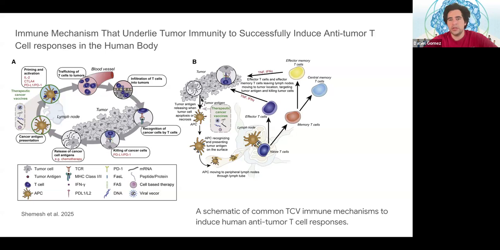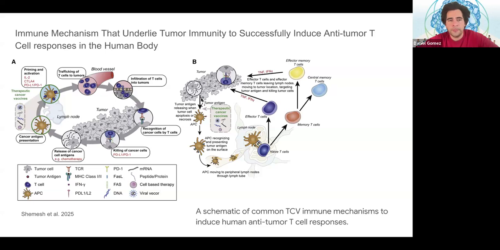Effector T cells release TNF and interferon gamma, and those go into the tumor. Memory T cells become central memory T cells or effector memory T cells, and the TNF and interferon gamma are the effector function of T cells that leave the lymph nodes, moving to the tumor location, targeting tumor antigen and killing tumor cells. That's the mechanism of immunity that happens from the lymph node to the tumor.